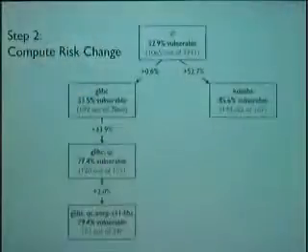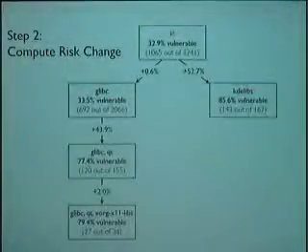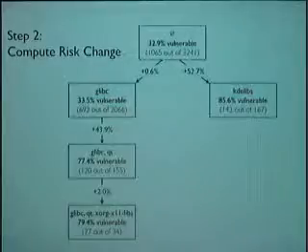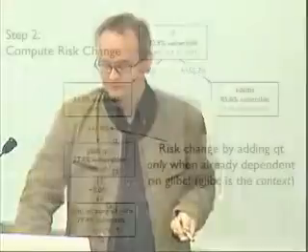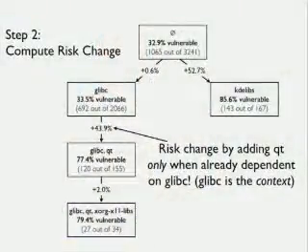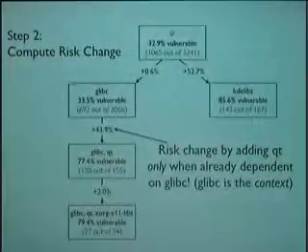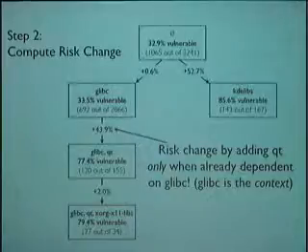Or when I go from packages that depend on glibc to packages where I know that they depend on glibc and Qt, the risk rises by quite a staggering 43.9%. And the question here is, this is the risk change by adding Qt only when I know already that they depend on glibc. For example, when I have packages that depend on Qt but nothing else, I would have an edge from here to here.